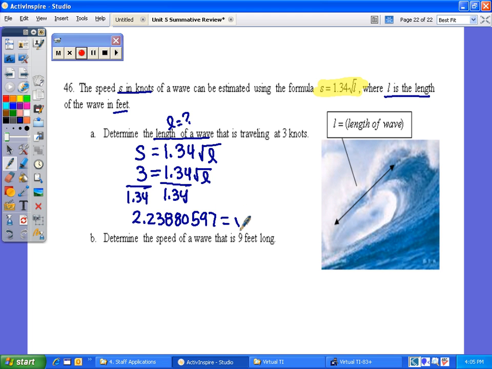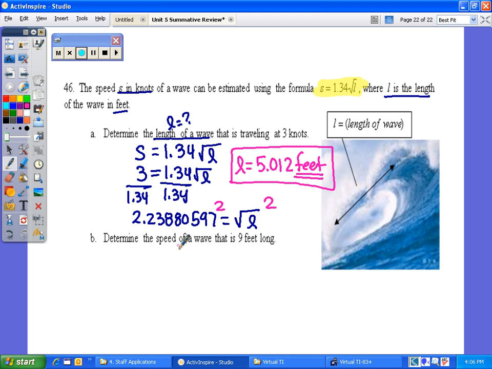And I don't want to round this off just yet because if I round it, it might affect my final answer. So now to get rid of that root, you square it, because remember, squaring gets rid of the root. And you wind up getting 5.012 feet. Don't forget your unit.